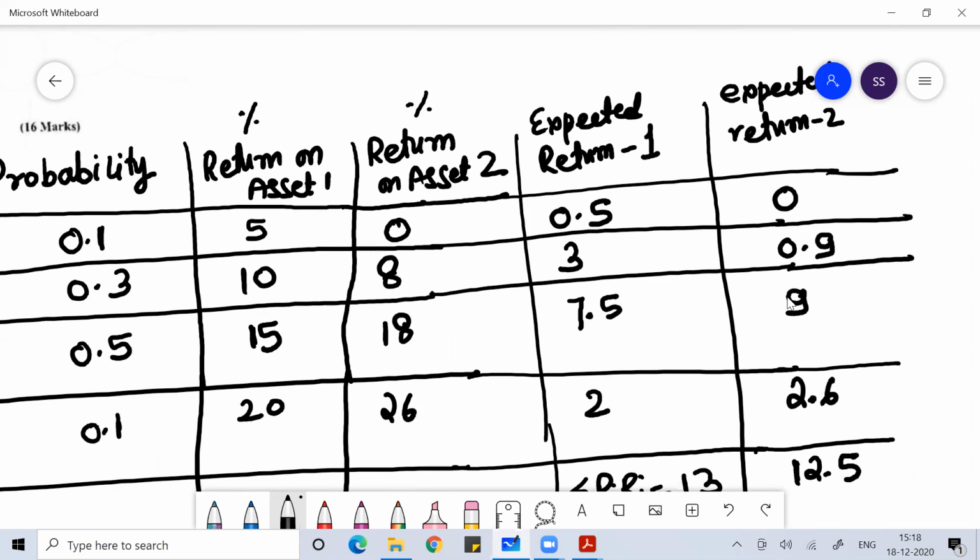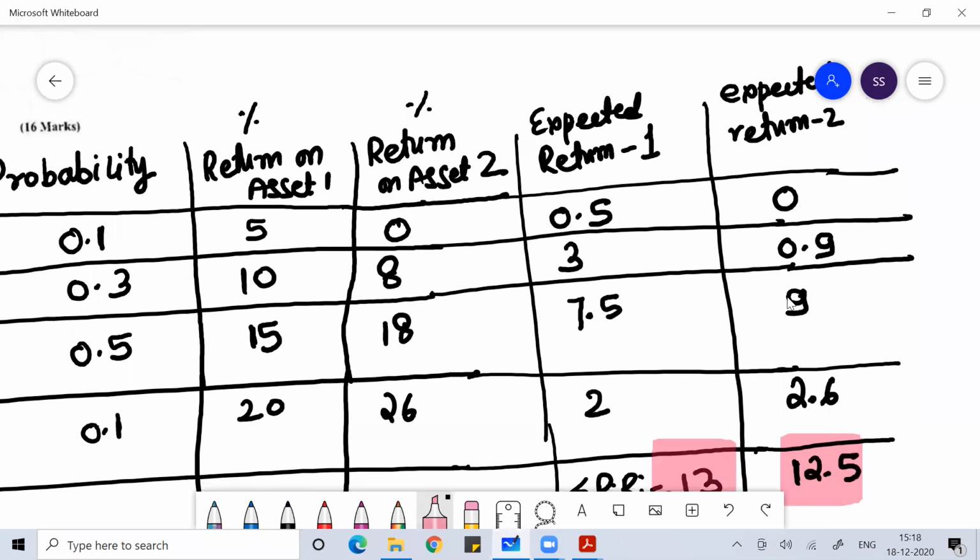Anyone, any doubt? So this is clear everyone, expected return.